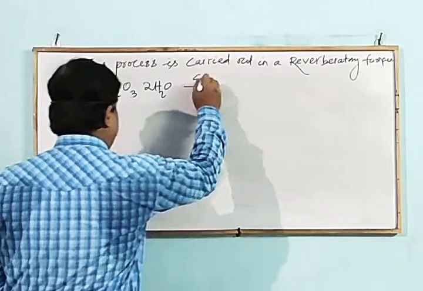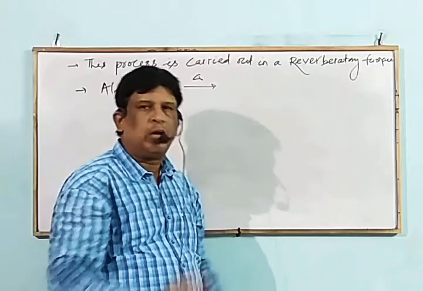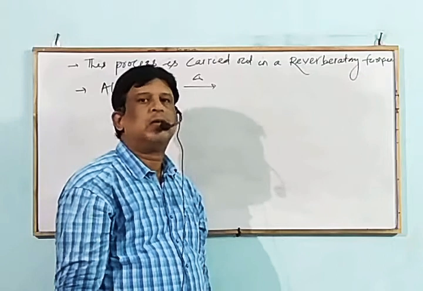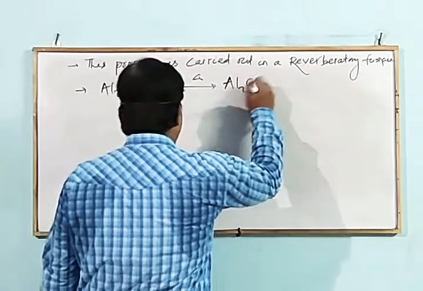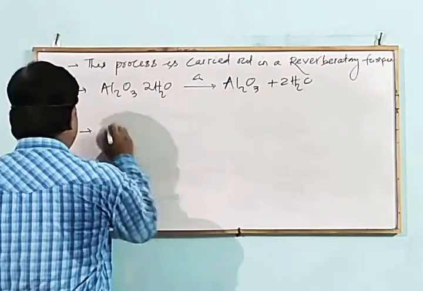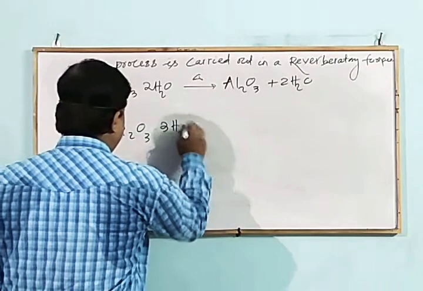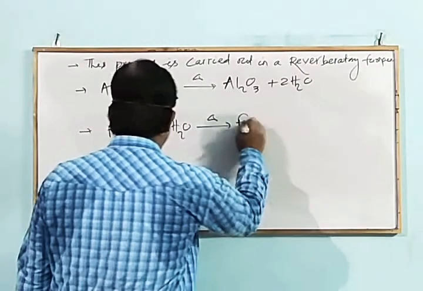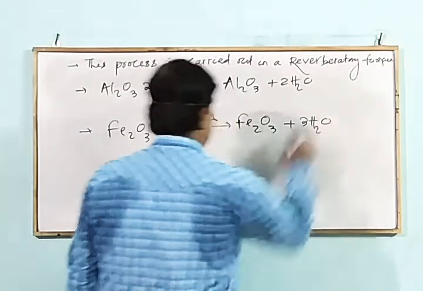Al2O3.2H2O upon heating. That means the hydrated ore loses its water molecule: Al2O3 plus 2H2O. Fe2O3.3H2O upon heating gives Fe2O3 plus 3H2O.